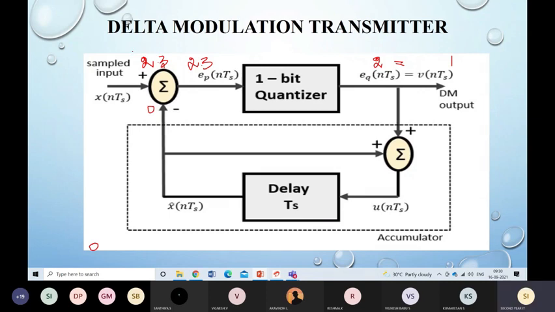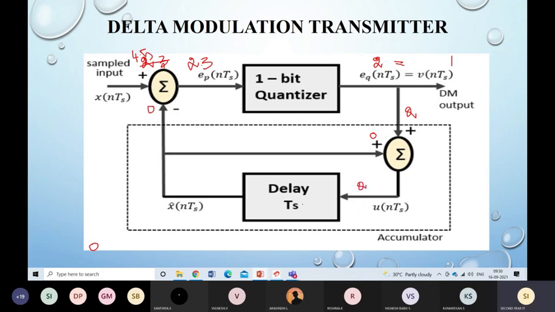Next sample I am going to assume is 4.5. First I took 2.3, then I took 4.5. We assume x cap of nTs as 0, so here you will get 2.